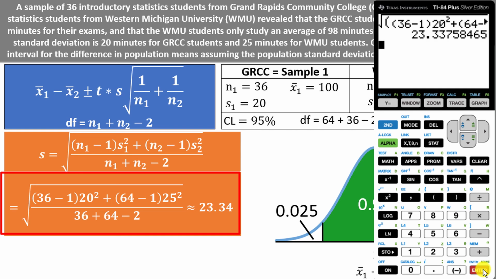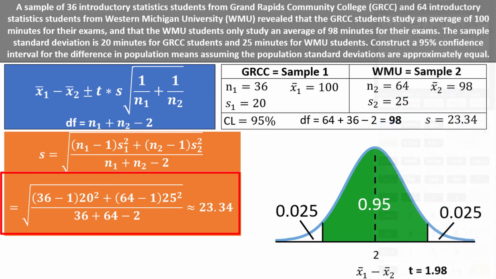We see that we get 23.34 rounded to 2 decimal places, which is our pooled estimate for the standard deviation.